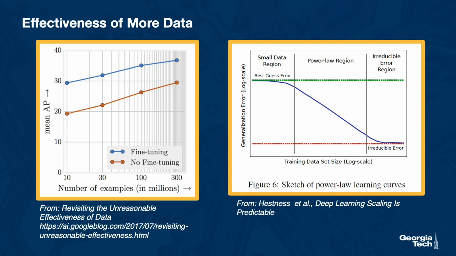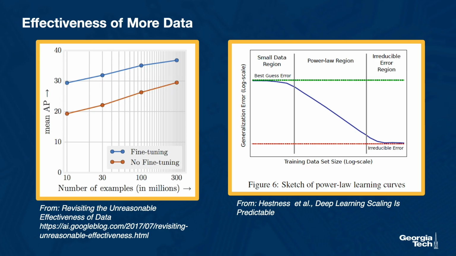On the right, we can see some exploration where there is some irreducible error that we get to eventually, again in log scale. But this is only for a particular domain. What's interesting is that there are different regimes that were identified. For example, if you have too little data, then at some point it's very difficult to decrease the error.